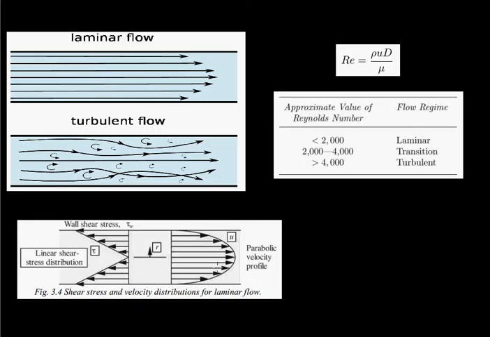Over here you can see a laminar velocity profile. It's a nice smooth parabola, with the max velocity in the center. A neat identity here is that the average velocity, u mean, is equal to 1/2 u max.